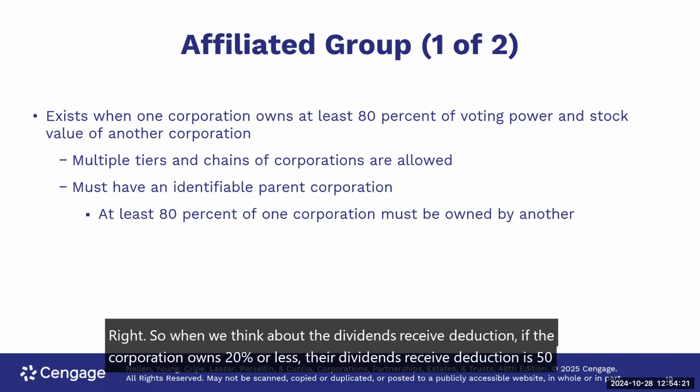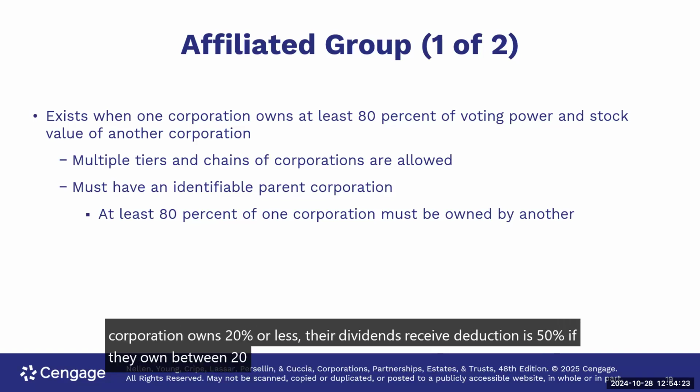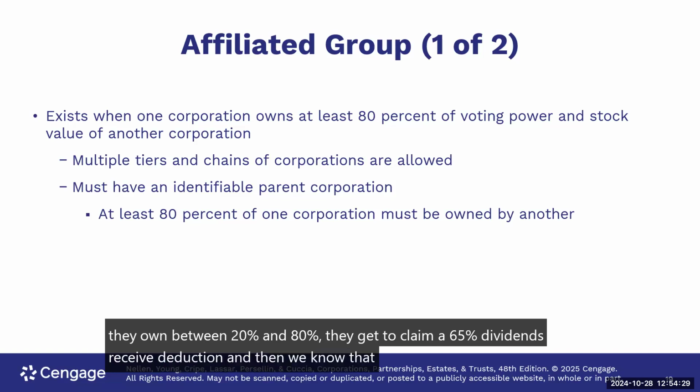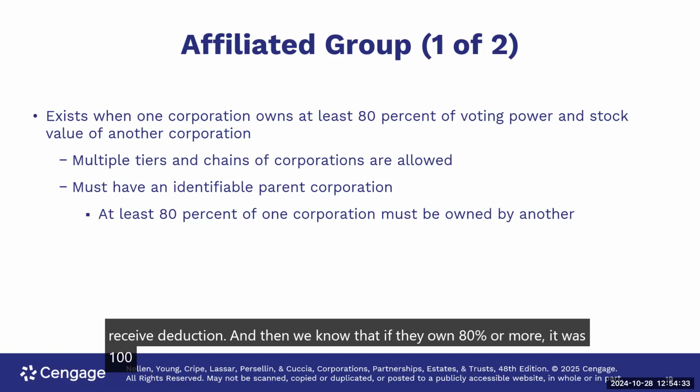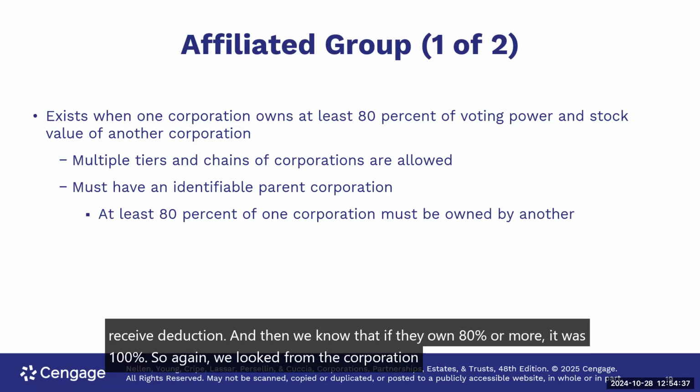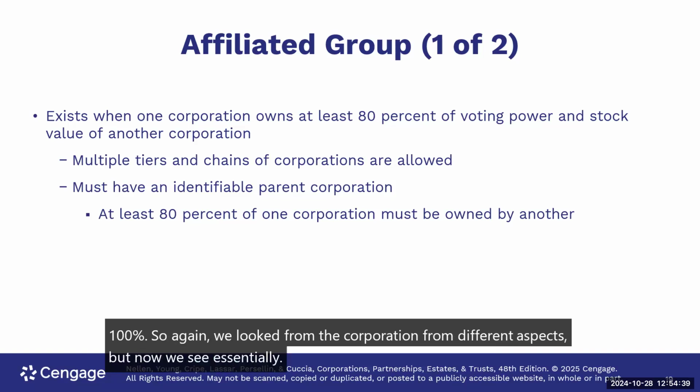If they own between 20% and 80%, they get to claim a 65% dividends received deduction. And then we know that if they own 80% or more, it was 100%. So again, we looked at the corporation from different aspects, but now we see essentially how everything ties in.